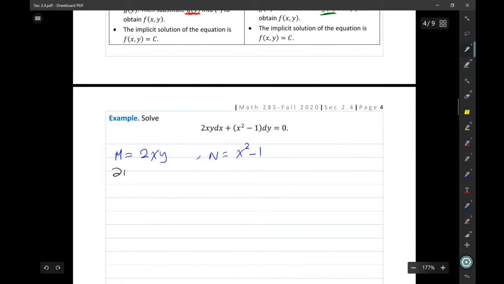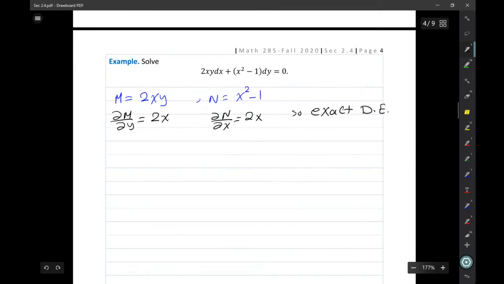Now, dM by dy is equal to 2x, and dN by dx is equal also to 2x. So it is an exact differential equation.